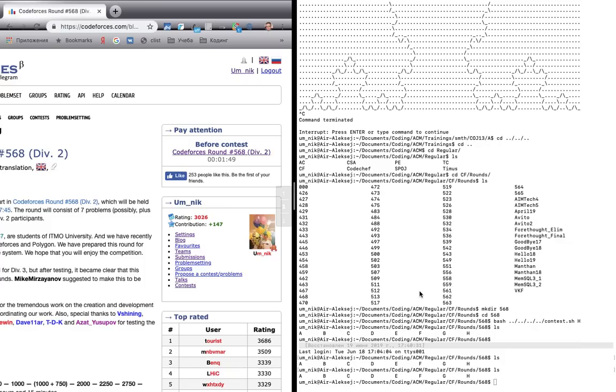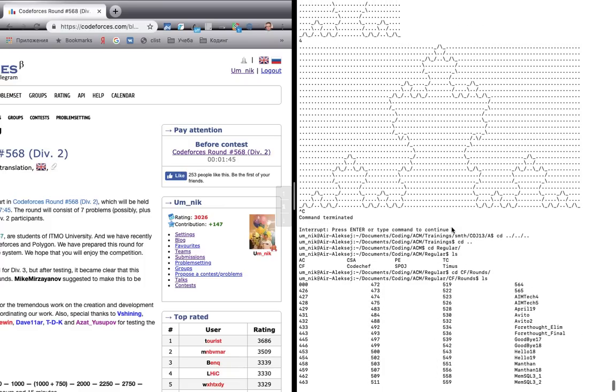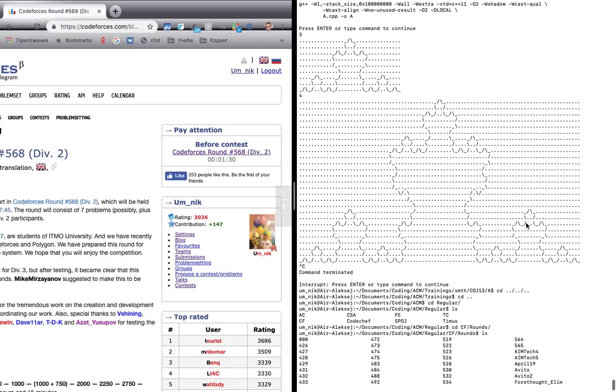While we are waiting for the start, you can see that I was trying to solve some very strange problem where you have to draw this fractal using ASCII art, and this is insane.